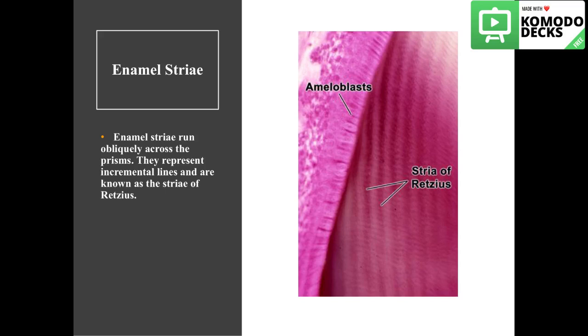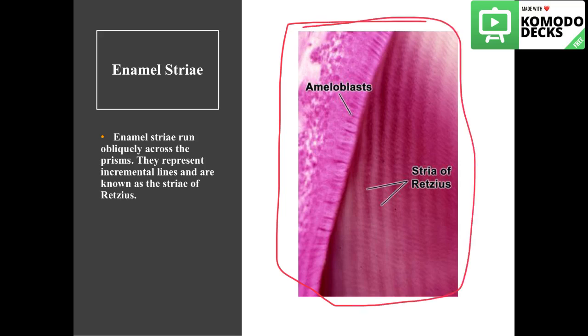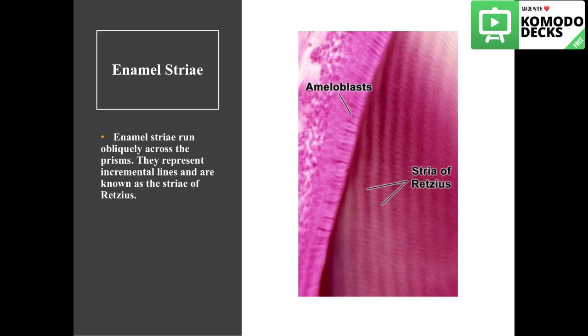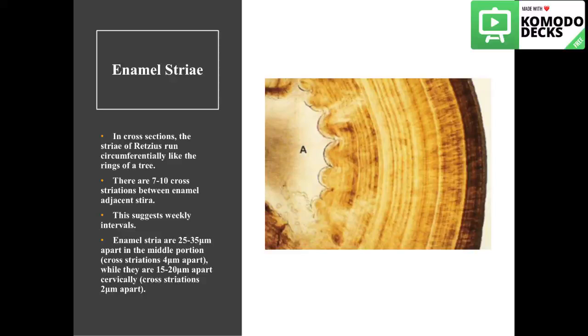In this section, as you can see on the surface of enamel, the cells that are forming the tooth, which are called ameloblasts, mean this tooth is still in early stages of formation. And the enamel here has a high organic matrix percentage.